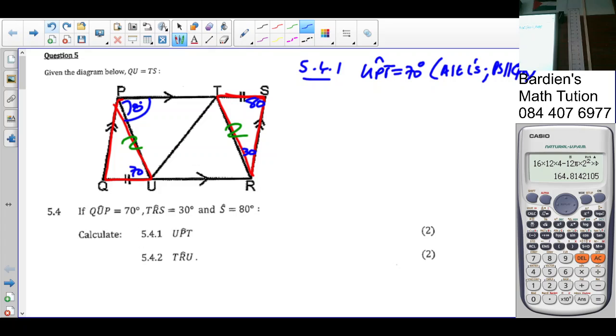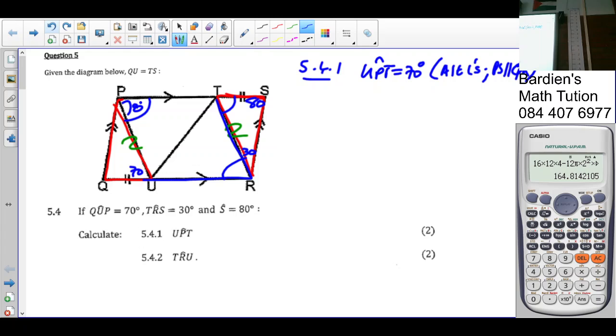Then they want you to work out the size of angle TRU. This angle. How are you going to calculate that angle? It's alternate to this angle here, not so. So we must first work out that angle.